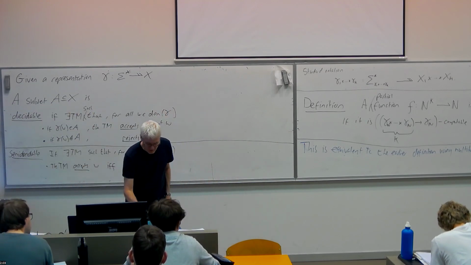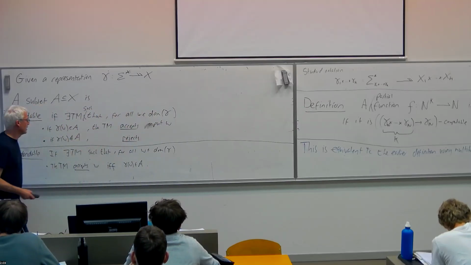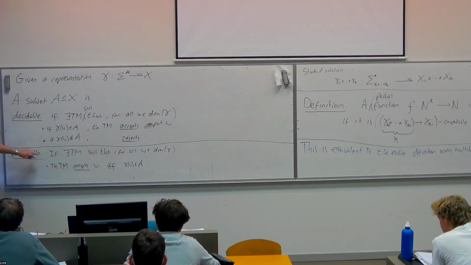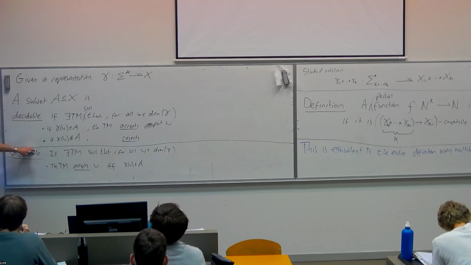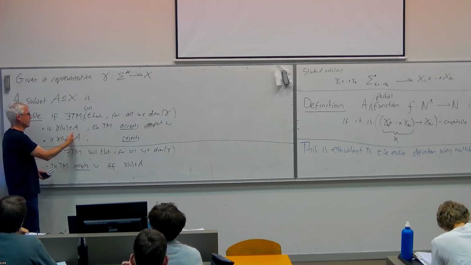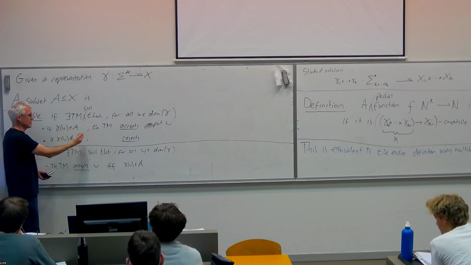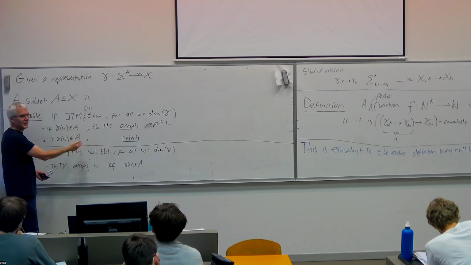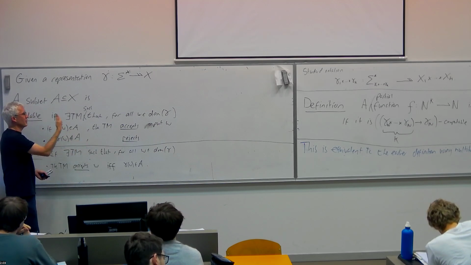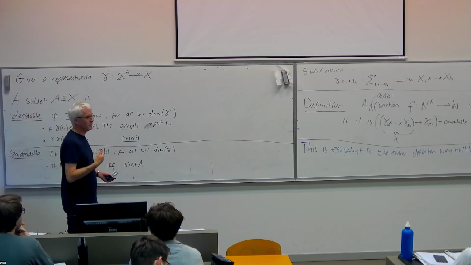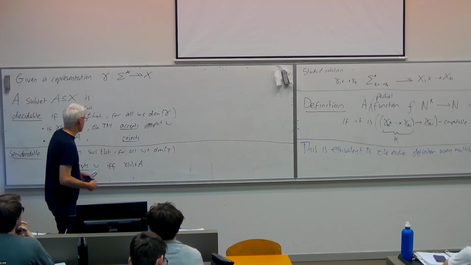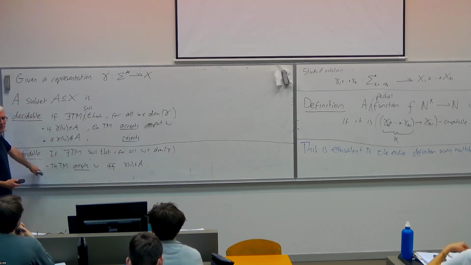And what I want to end with is a characterization of these two properties in terms of computable functions. So here we've kind of brought Turing machines into the picture again. And now that we've got this abstract notion of represented set and computable function between them, it's a little bit unfortunate if we still need to make definitions by using Turing machines.